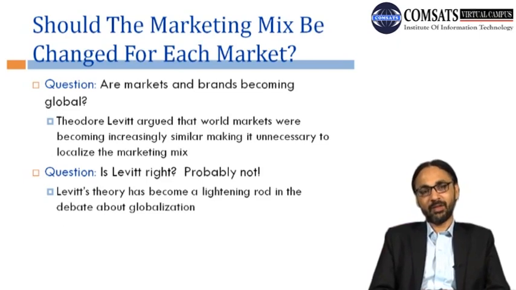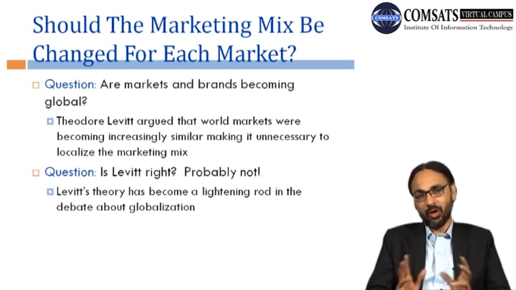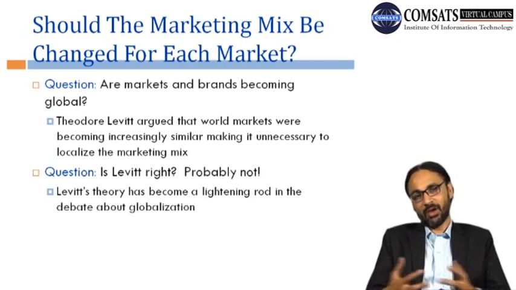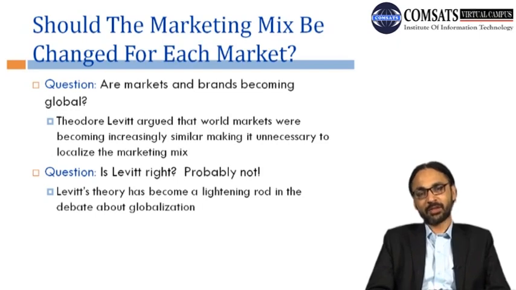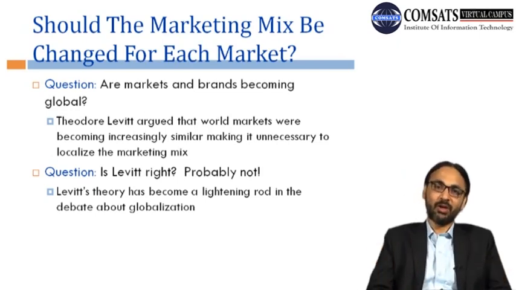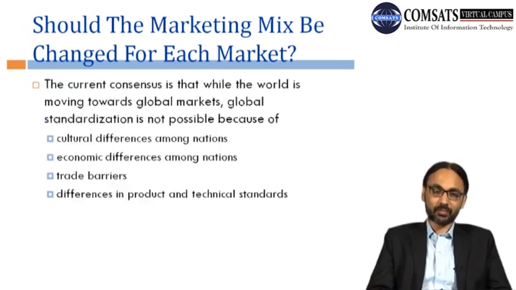But this notion has stirred a hot debate among scholars, who argue that it might not be 100% correct. There are certain things associated with each market, and those features distinguish each market from others.